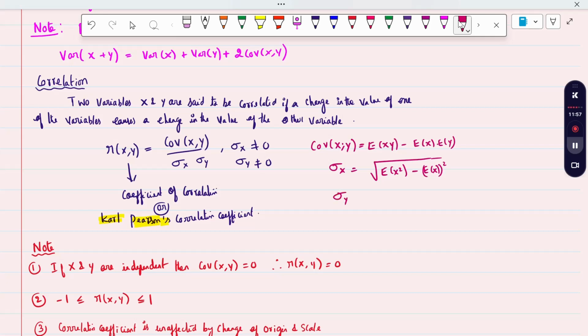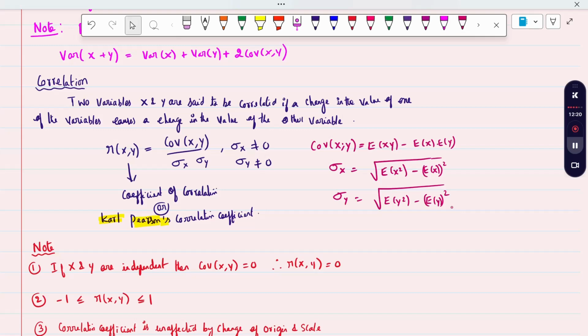Sigma y is the same thing: square root of E of y squared minus E of y the whole square. So completed. Substitute all three calculated values in this, and we will get R of x comma y.